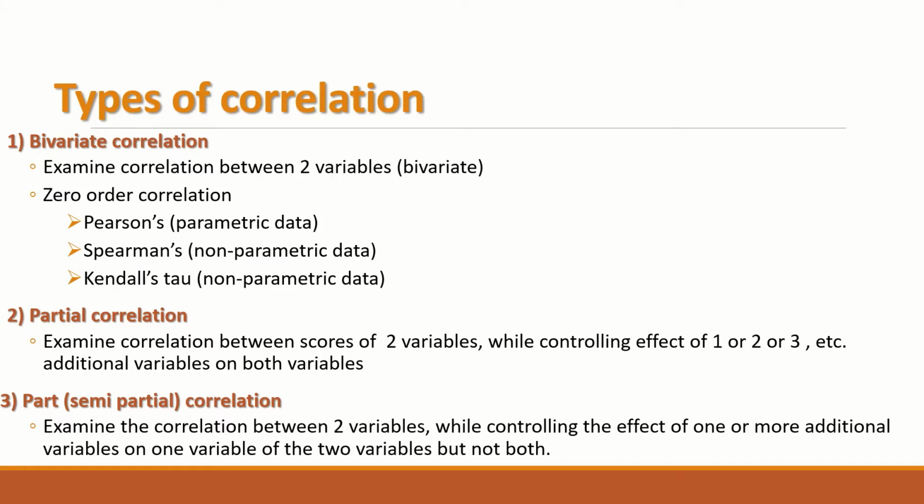Semi-partial correlation examines the correlation between two variables while excluding the effect of one or more additional variables on only one of those two variables, but not both. So that is the essence of the difference between partial and semi-partial correlation.